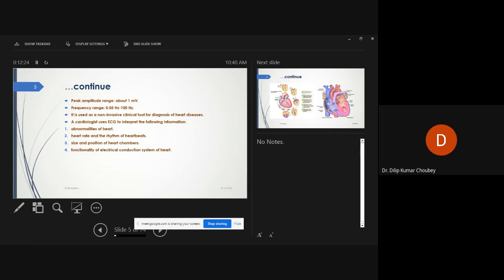That potential is called action potential. So action potential is generated by an electrical conduction system. The heart is also an electrical conduction system that can generate the potential, and we can record that action potential, and that recording is called ECG.